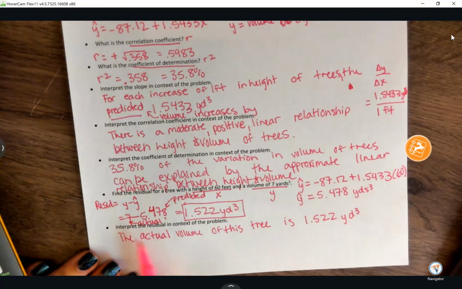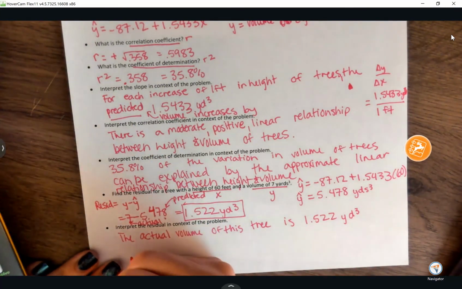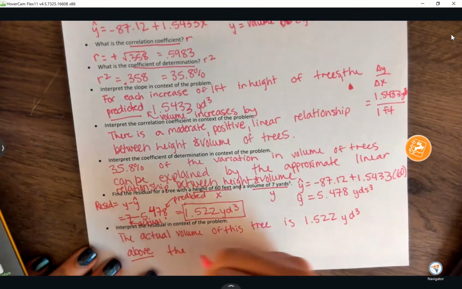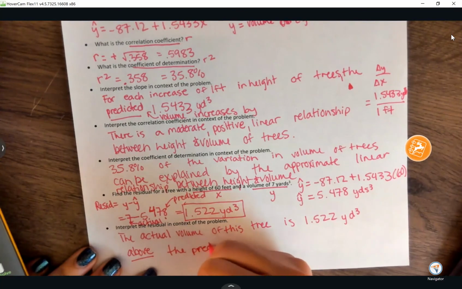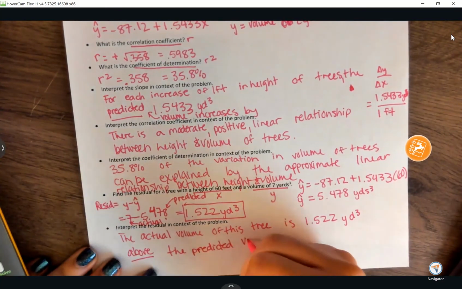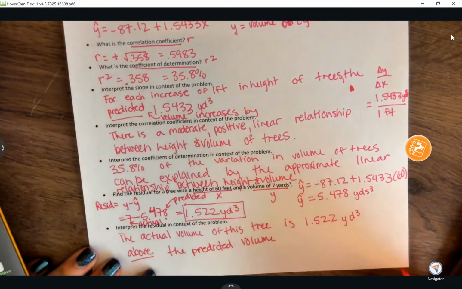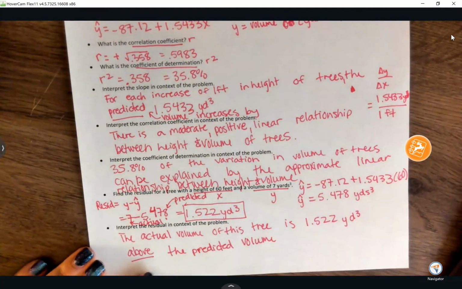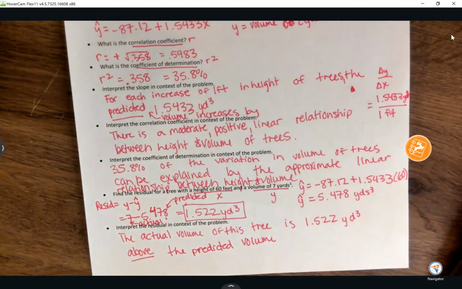The actual is larger than the predicted. Hence the reason we got a positive number. So the actual volume of this tree is 1.522 yards cubed above the predicted volume. That could have been above or higher or greater than the predicted volume. Basically just saying that it's a difference, which one's higher.